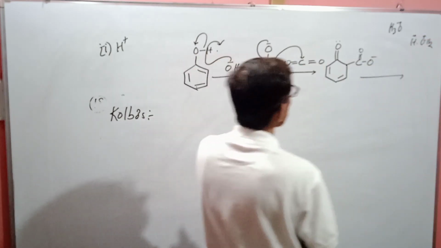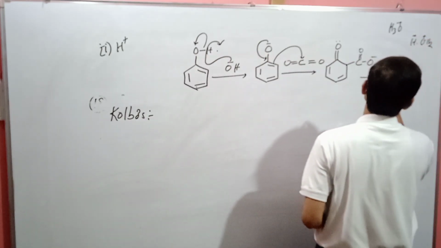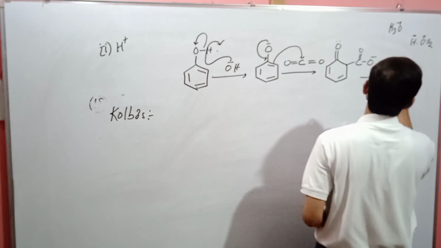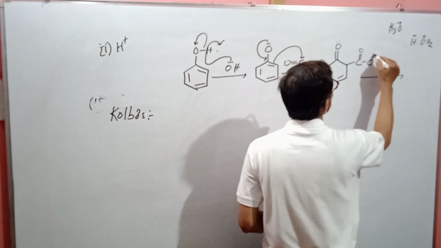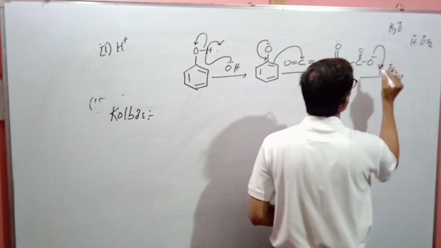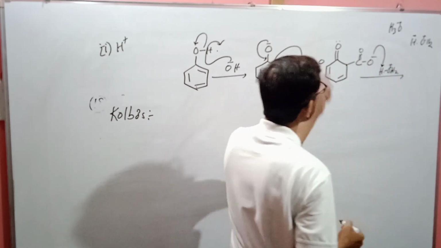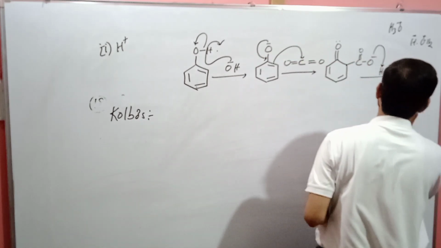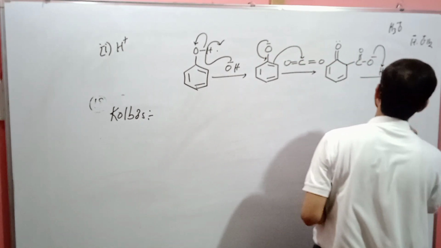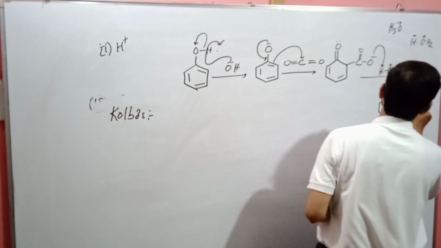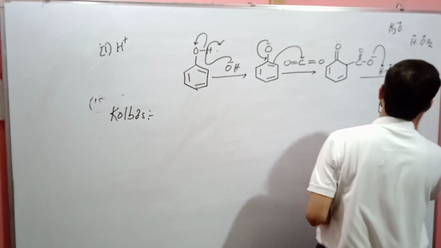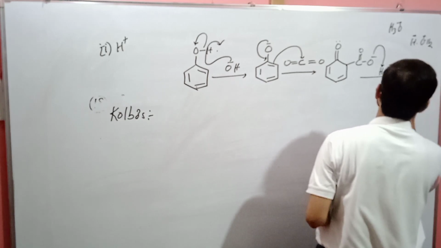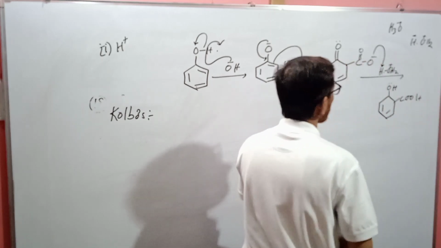So what's happened? HOH2 plus, and this takes this one. Am I right? So what we get is C double bond OH. Am I right?